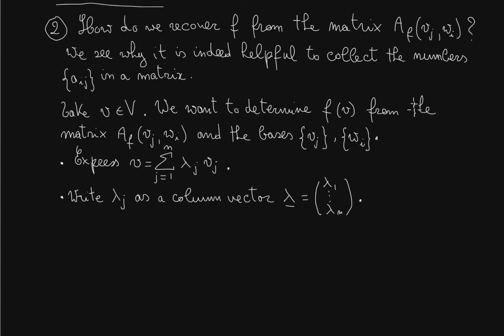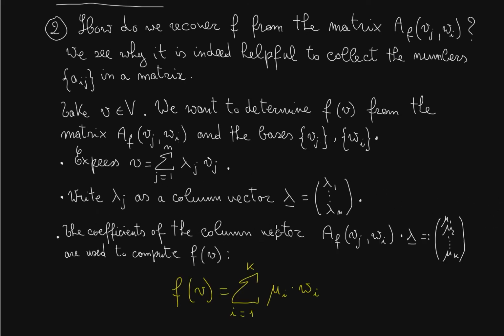How do we do that? First we express the vector v as a linear combination of the basis Vj. That will be unique. We can derive these coefficients lambda_j uniquely associated to v and to the choice of basis. We write lambda_j as a column vector. It will be a length n column vector.